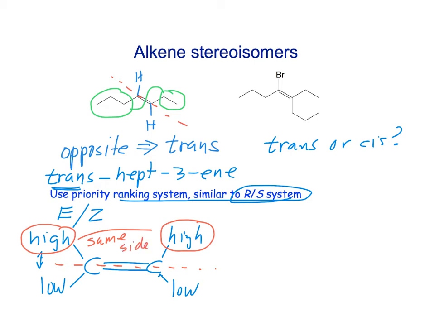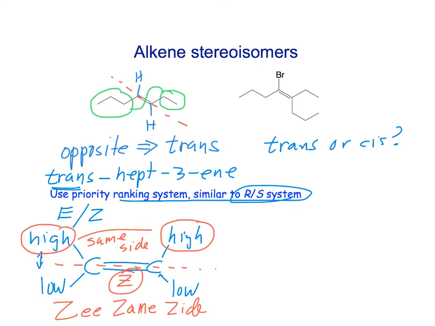All right, and so this arrangement is going to be called Z. Z actually stands for Zusammen, which is a German word, but some people have found it easier to remember if we just say that these groups are on the same side. Right? That's one way to remember that.